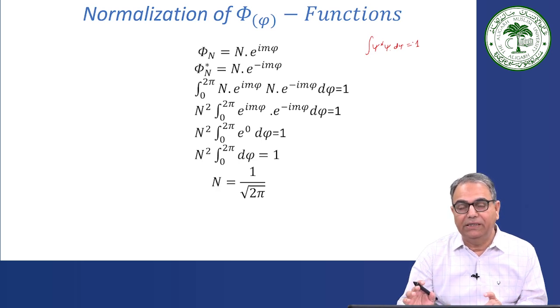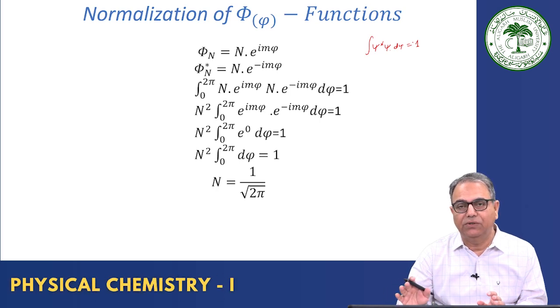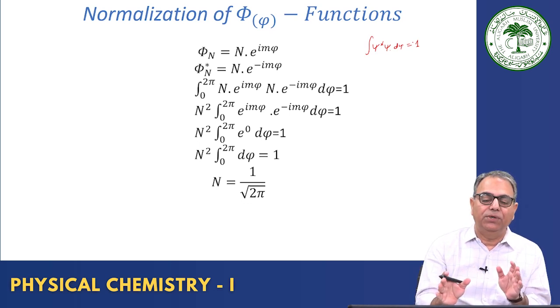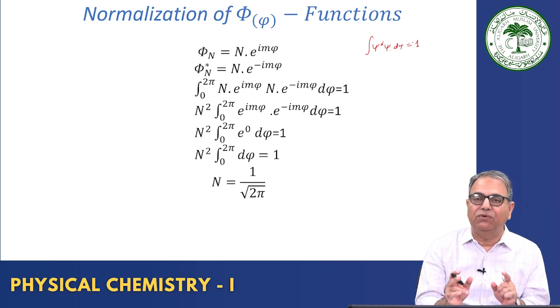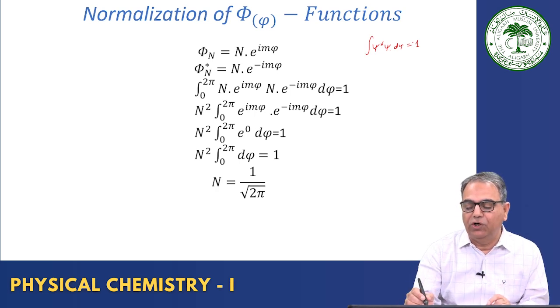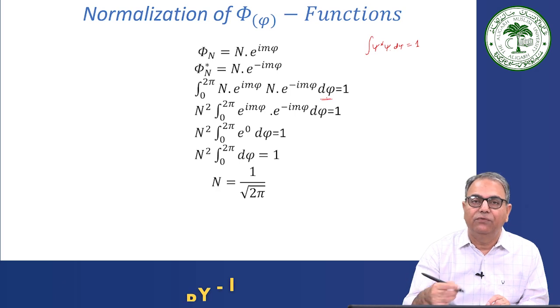I said earlier that in spherical polar coordinates, the volume element involves dr, d theta, and r also. But here we have separated the equations into different components, and this component contains only one variable, phi. So, the volume element is d phi, and the limit of phi is from 0 to 2 pi.